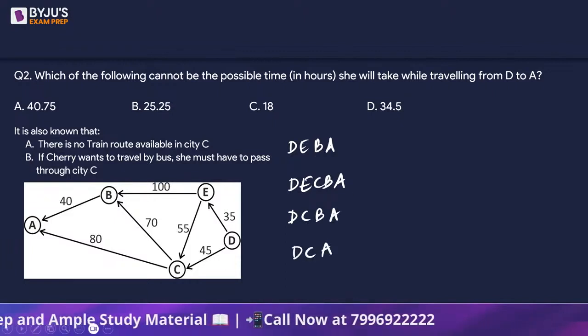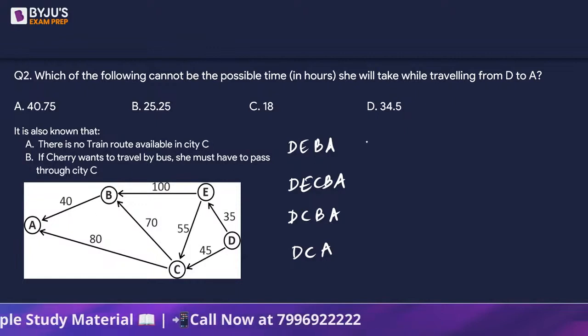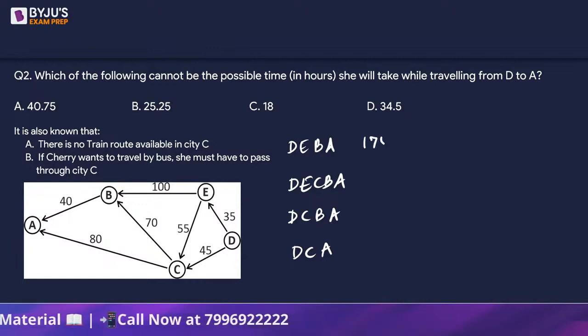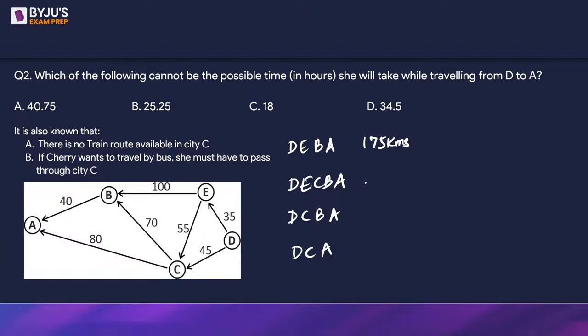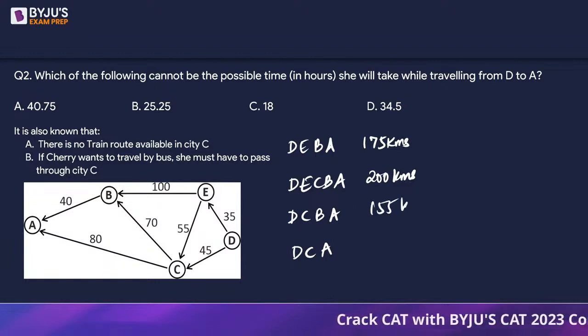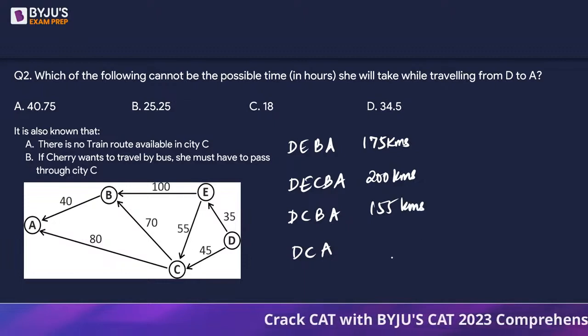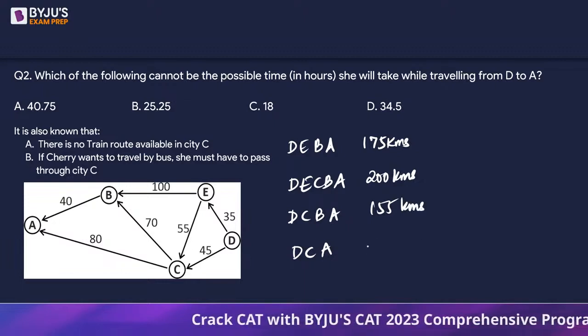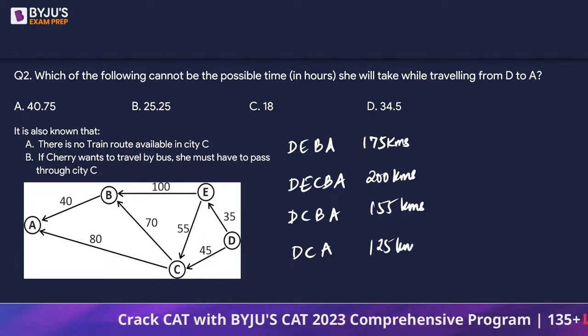Now DEBA is a total of 175 kilometers. DECBA is 90, 160, 200 kilometers. DCBA is 155 kilometers, and DCA is 45 plus 80, which is 125 kilometers.